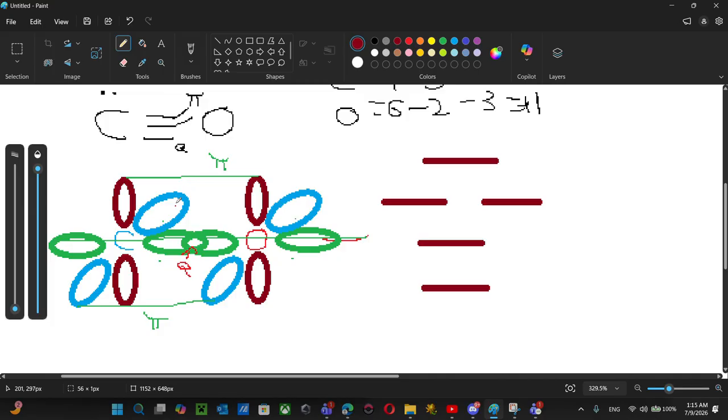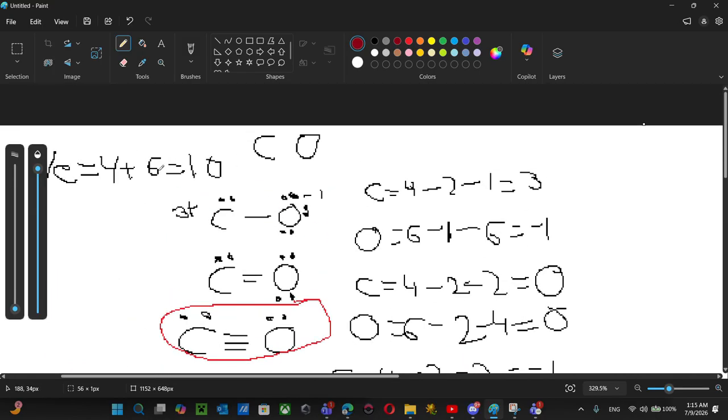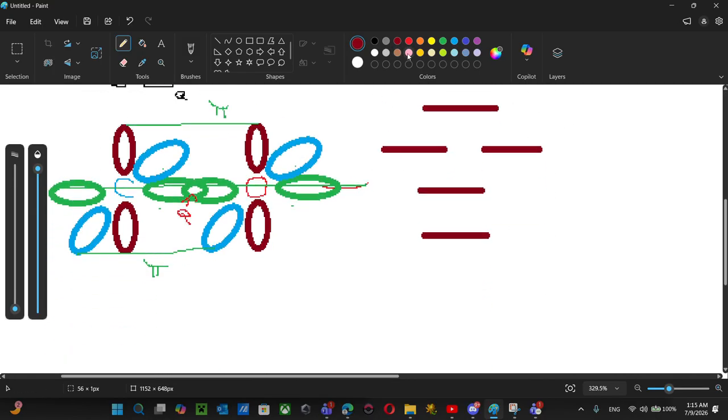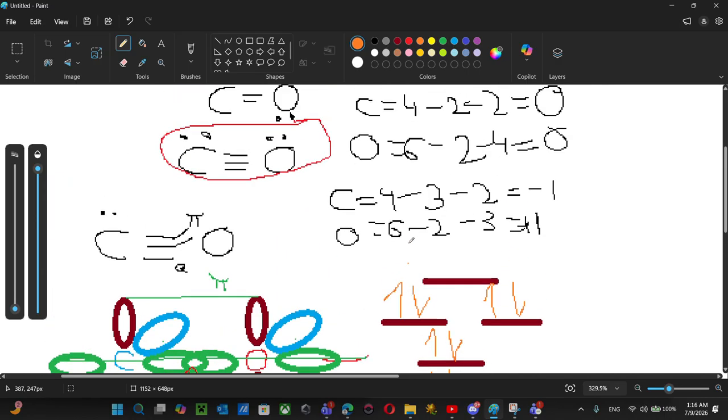Okay, so we've got 10 valence electrons, so we start up, down, up, down. Then we go up, up, down, down. So we've got 8 electrons over here.